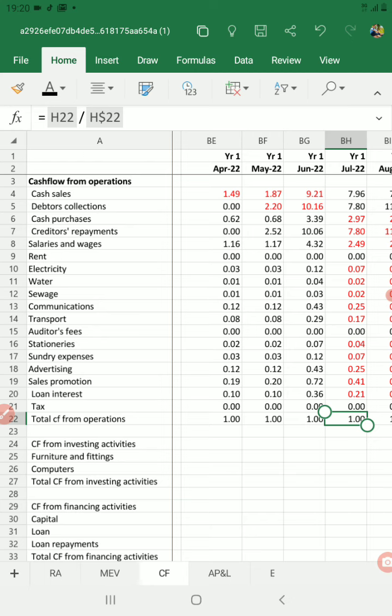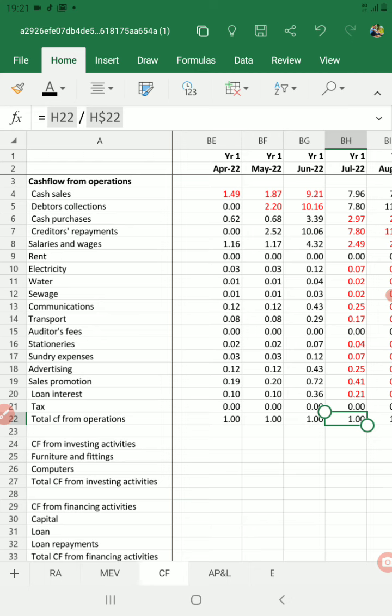So that is the explanation for common size financials on monthly basis, vis-a-vis, of course, on annual basis, as we did. And it is important to know how to do both.